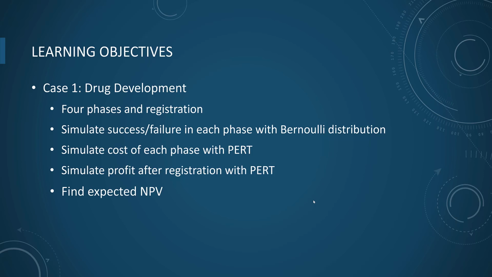Once a phase fails, that's it. After that, there are no phases. So you need to model it in a proper way, so that the costs are simulated only if the previous phase is a success, and then we do a net present value and run the simulation. So that's your case one.